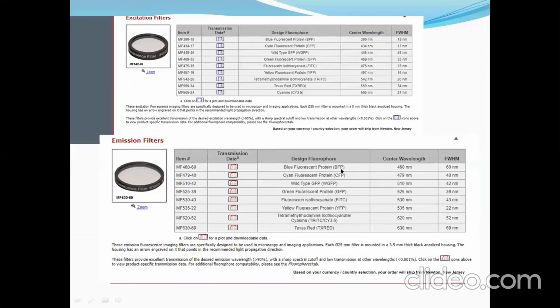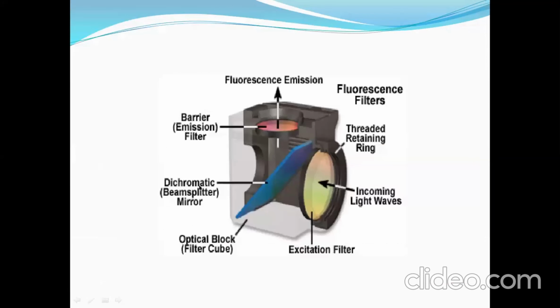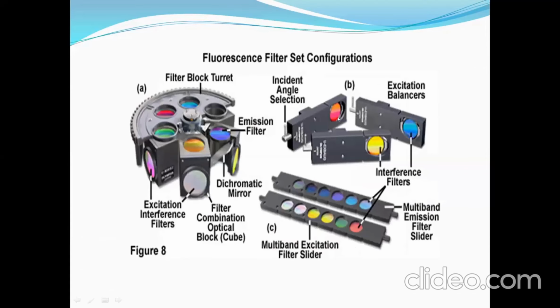Here the emission wavelength is 460, so the dichroic mirror transmission band is 425 to 475. Clear? So for each type of excitation filter, there is a separate dichroic mirror along with a separate emission filter, and when you change the turret in the fluorescent microscope, you are changing the whole setup.